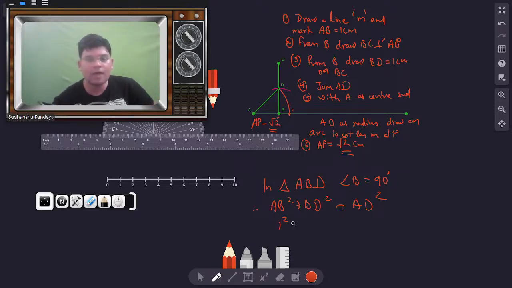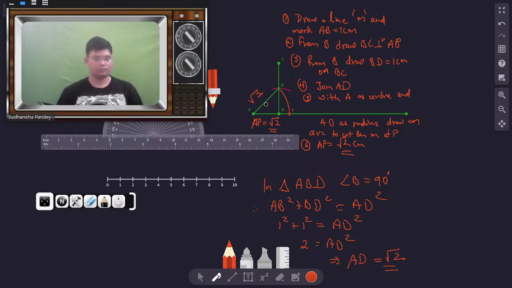So 1 square plus 1 square is equal to AD square. So 1 plus 1 is how much? 2 is equal to AD square. So that means AD is equal to under root of 2. तो AD कितना है बेटा? अंडर रूट 2. समझ में आ रहा है कि नहीं?